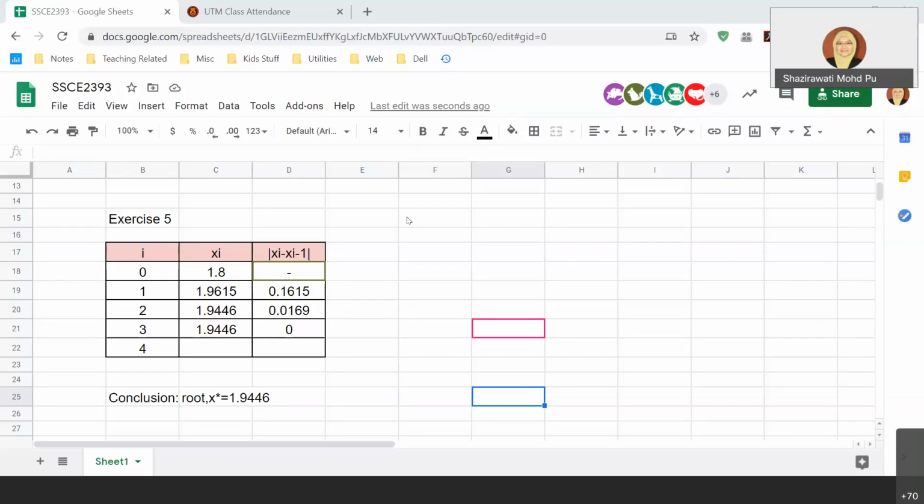Basically you compute f(1.5) and then f(2.5) and see that the multiplication of f(a) and f(b), f(1.5) times f(2.5), is actually negative. And that proves the existence of the root in the interval 1.5 to 2.5.